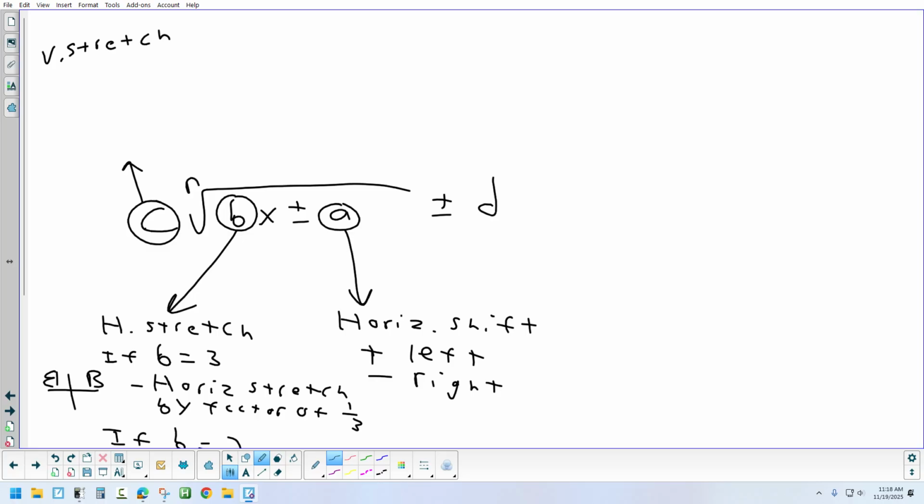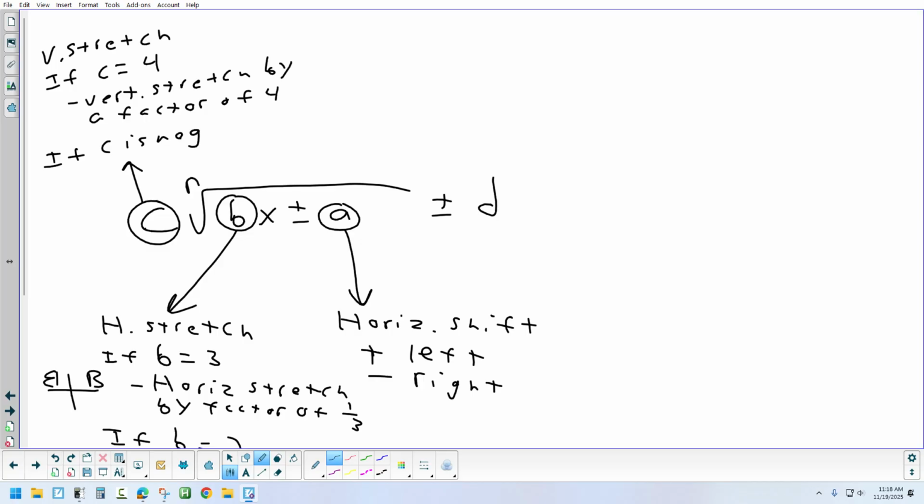So if C equals 4, that's a vertical stretch by a factor of 4. And one more thing about C, if it's negative, what's a negative with C going to do?